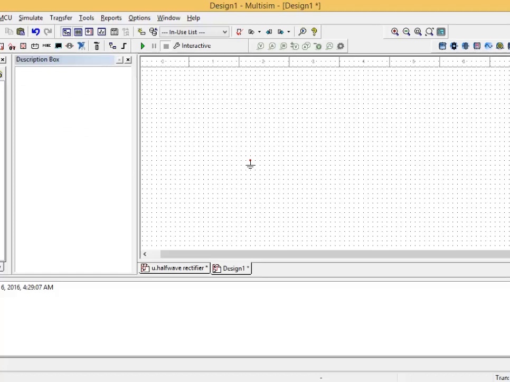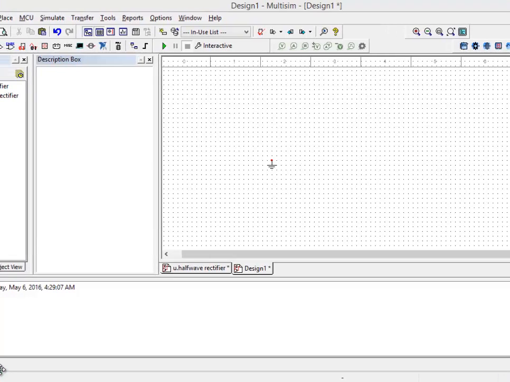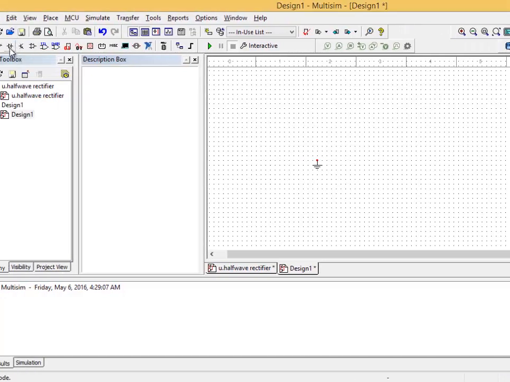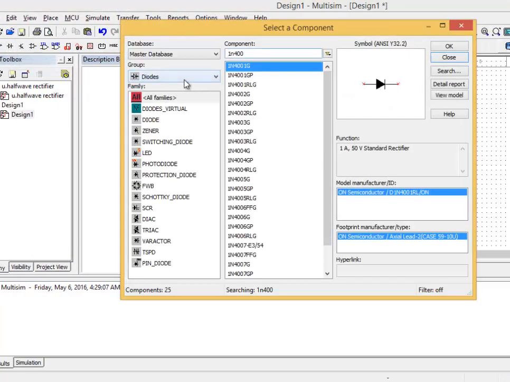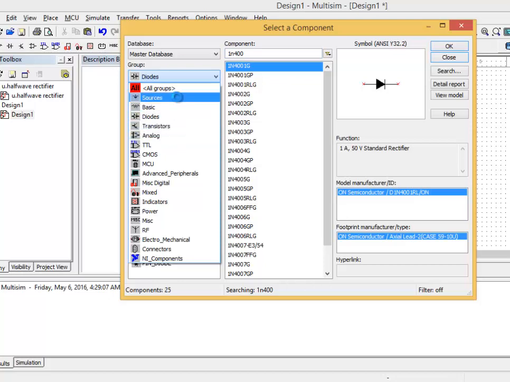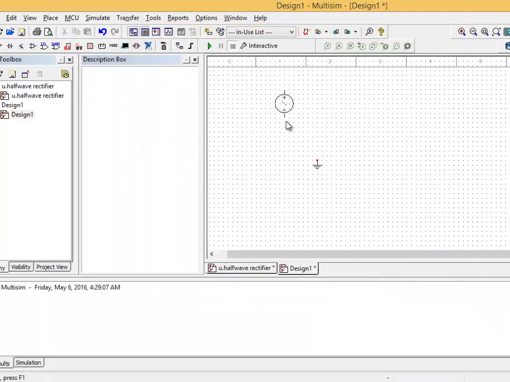I'm using the software Multisim. First of all, we will have to connect our AC voltage source. We will go to the sources option, AC voltage source, and place it right here.